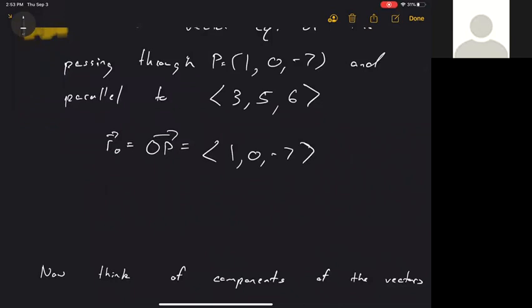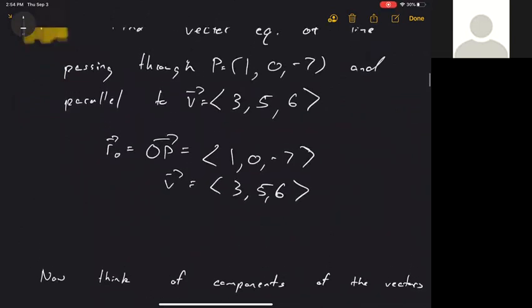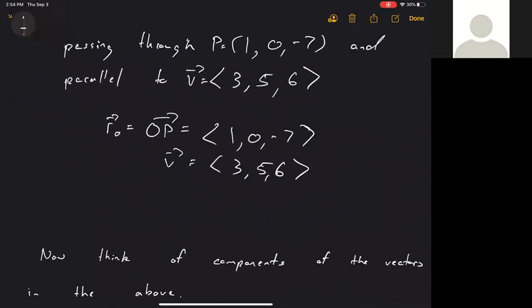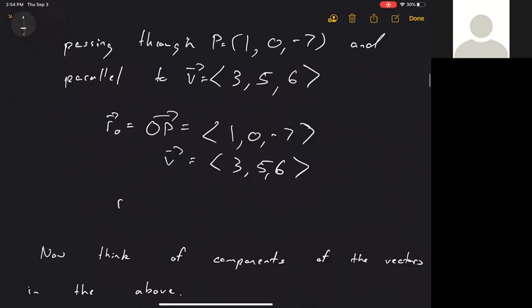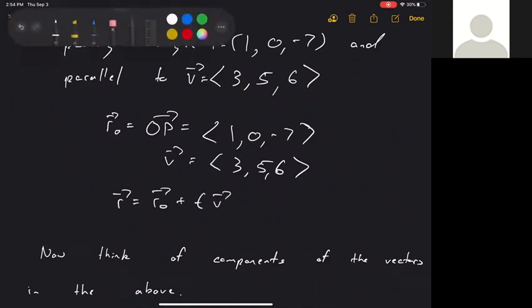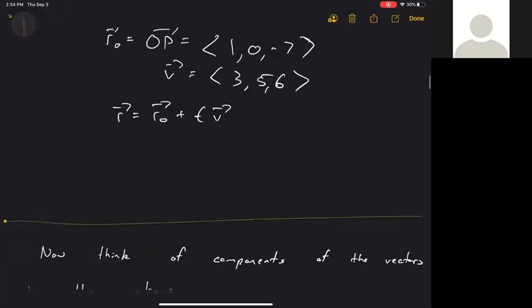And then I could say, all right, let's let this equal v. Then the equation of the line passing through r sub 0 and parallel to v would just be r equals r0 plus tv.